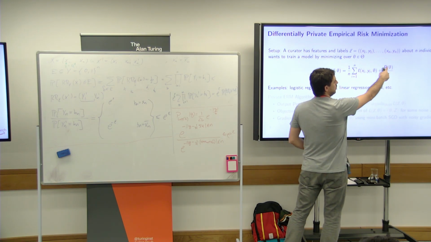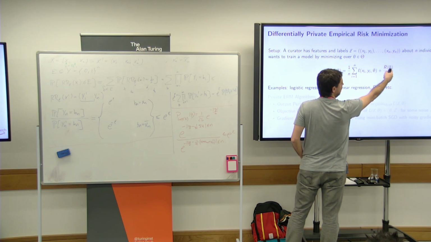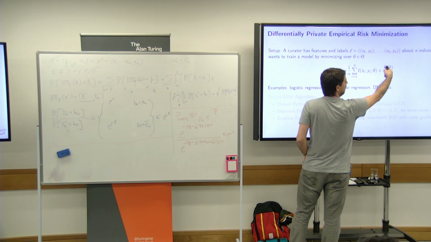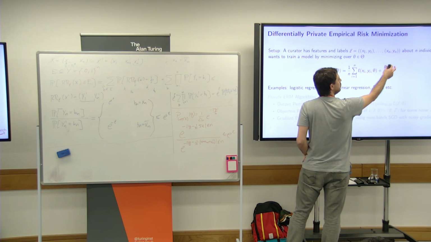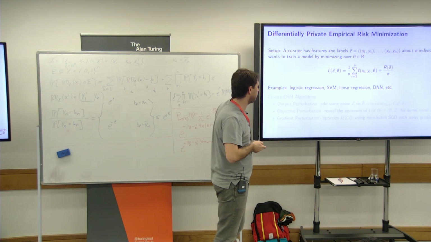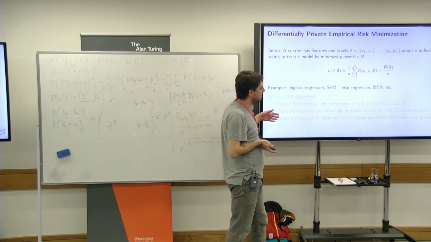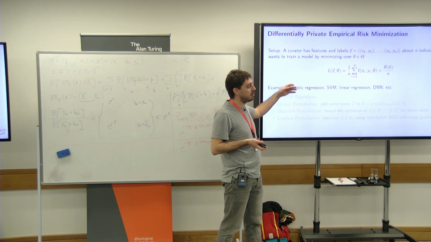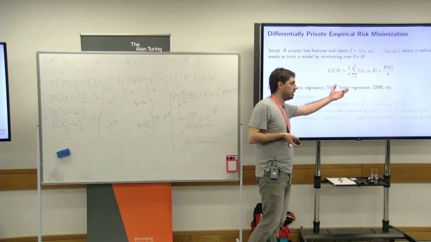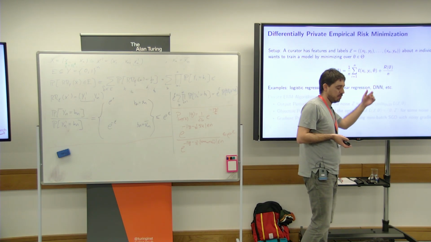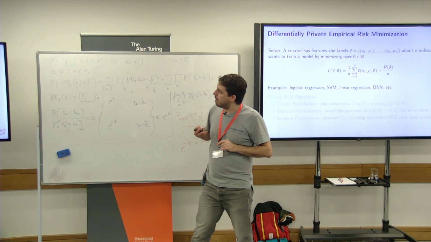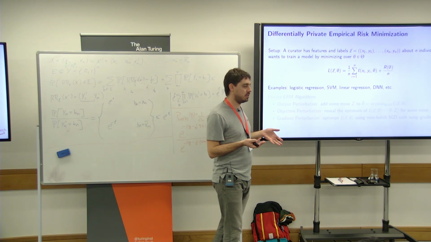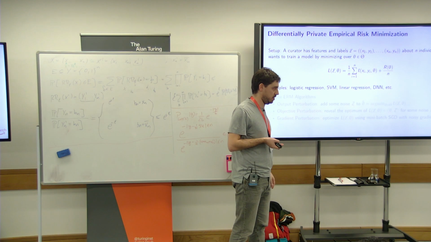Then sometimes we have a regularizer R that says, I prefer these thetas over these other thetas, so I'll put this knowledge in the regularizer. Many machine learning algorithms follow this paradigm: logistic regression, support vector machines, linear regression, deep learning. Almost everything in machine learning that is frequentist and supervised can be solved with empirical risk minimization.